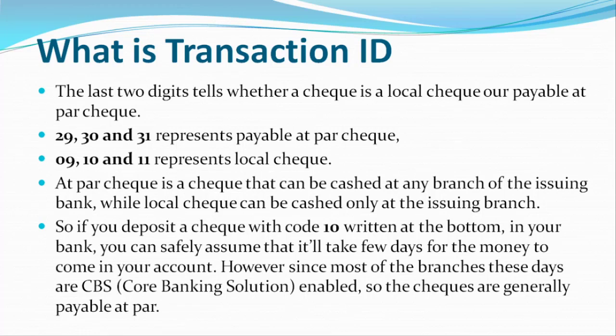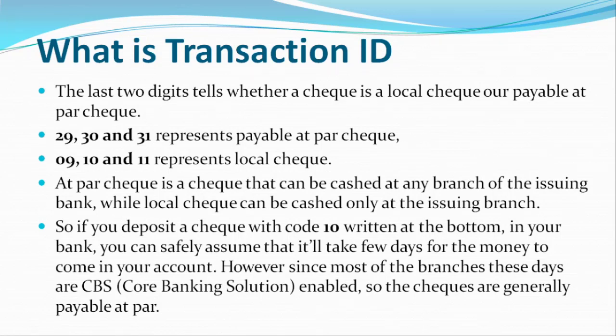Then transaction IDs 9, 10 and 11 represent a local check. At par checks are checks that can be encashed at any branch of the issuing bank, while a local check can be cashed only at the issuing branch.